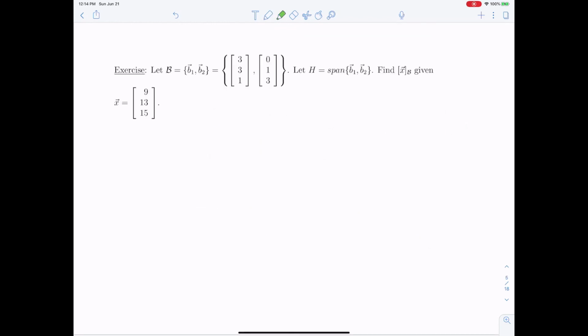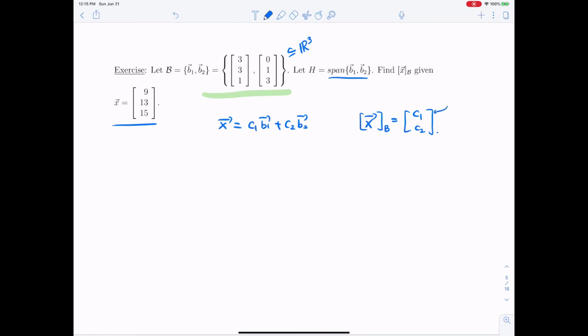Consider a basis B, which is given by two vectors in R3, and H to be the vector space spanned by these vectors. And we want to find the B coordinate for the x given this way. So by definition, if you write x as a linear combination of b1 and b2, then the B coordinate of x would be c1 and c2, and we have to find these two numbers.